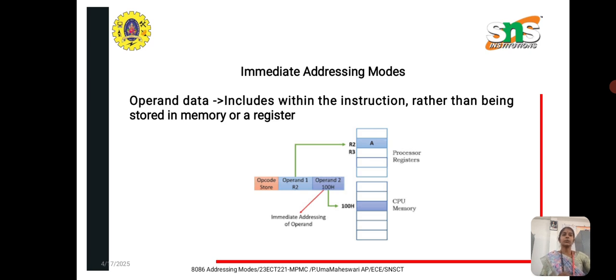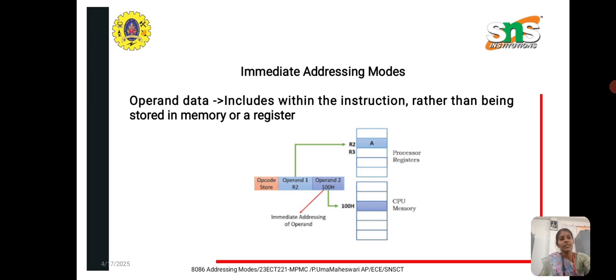The immediate addressing mode is where the operand data is included within the instruction rather than being stored in memory or a register. The immediate addressing mode specifies the operand as a constant value or literal within that instruction.